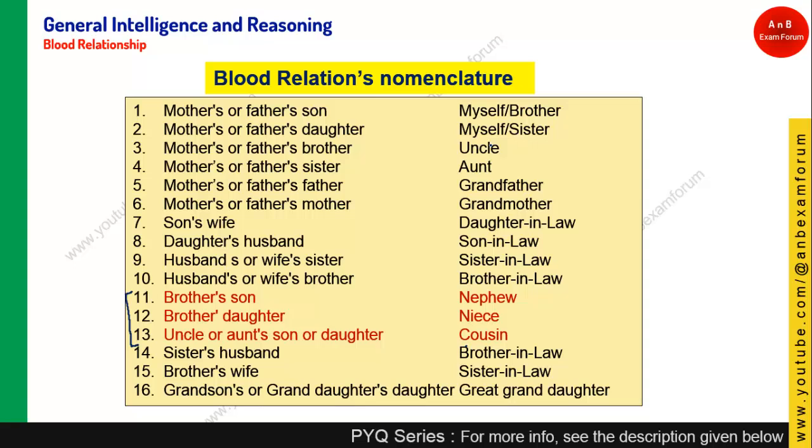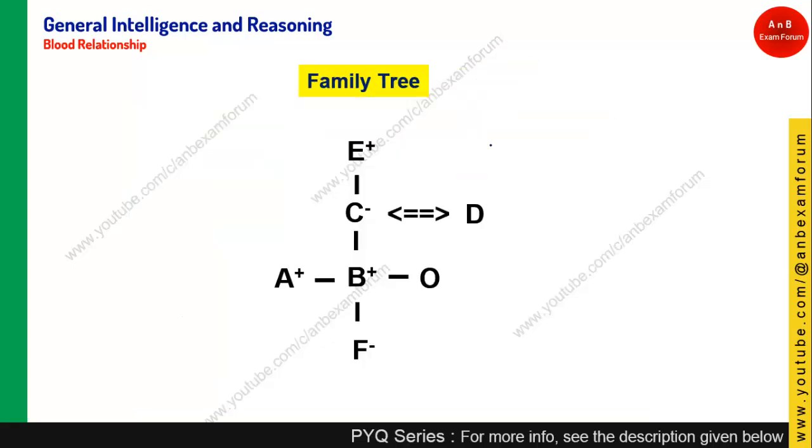Coming to the next: family tree. If you see, this is one of the family trees we have made. At the first instance you will be confused about what exactly this is and how to make it. As the word suggests, a family tree is representing not a tree but the relationship between various persons.